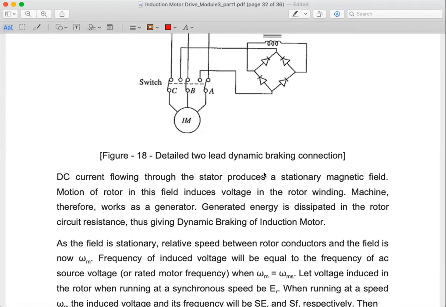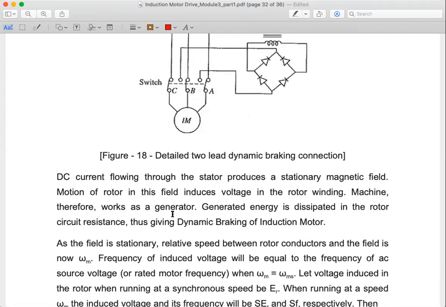Now, the motion of the rotor in this stationary magnetic field induces voltage in the rotor winding, that we can understand. There won't be any relative speed, so the machine works as a generator. Generated energy is dissipated in the rotor circuit resistance, and thus it gives the dynamic braking of the induction motor.